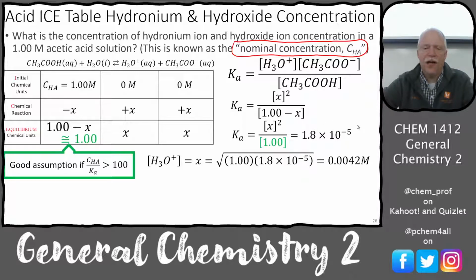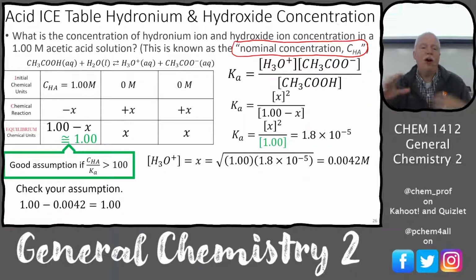So if we solve for x, that is the hydronium ion concentration, and it's 0.0042. So now that we know x, we can compare that to 1 and we can check. So yeah, 1 minus 0.0042 is essentially 1, right? It's a really small number. So that's a good assumption.